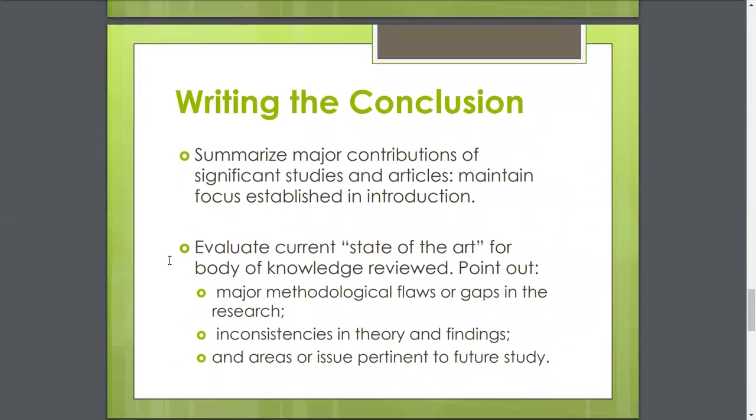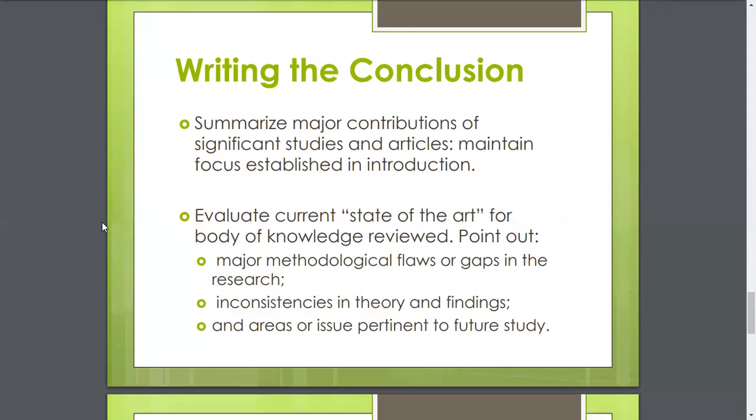Now, in order to write the conclusion, if you're going to conclude the papers one by one, you need to point out your point of view. You need to point out the major issues or facts inside this study.